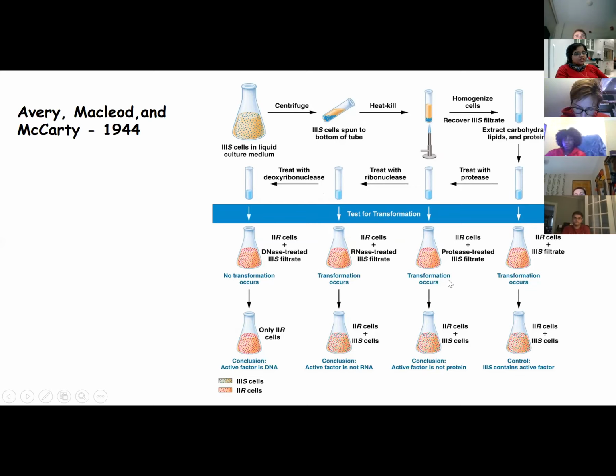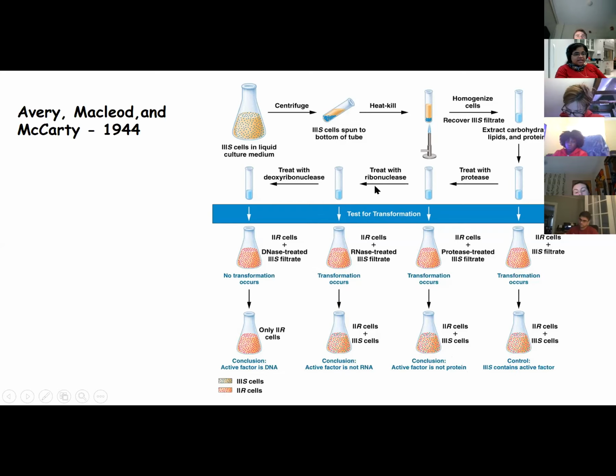Next they checked if it was protein. They digested it with protease, and they saw that transformation still occurred, so they concluded that the active factor was not protein. Then they tried ribonuclease, which breaks down RNA.